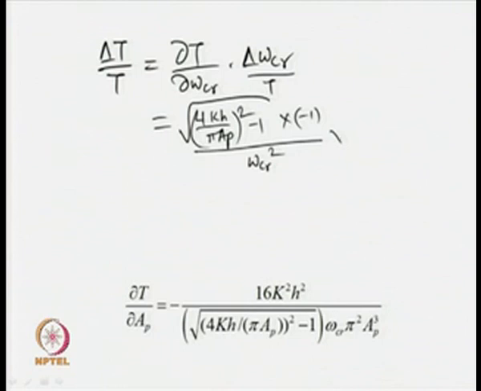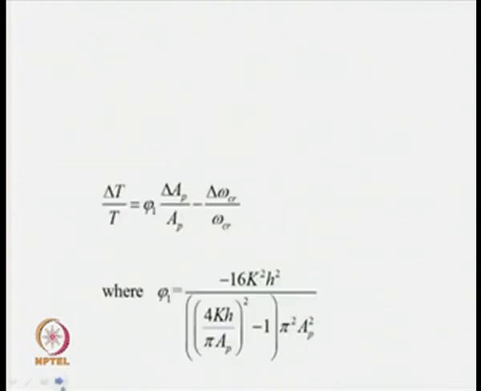Therefore, you will have further division by t giving us this expression, but we know that t is given by this. So, ultimately, I will get a term like minus 1 upon omega c r there. Okay. So, that is where I get the last term appearing as minus delta omega c r upon omega c r.